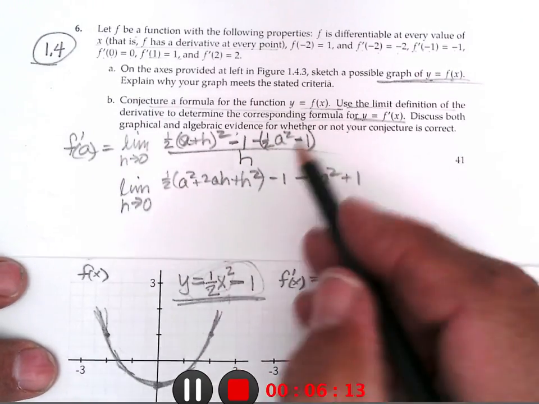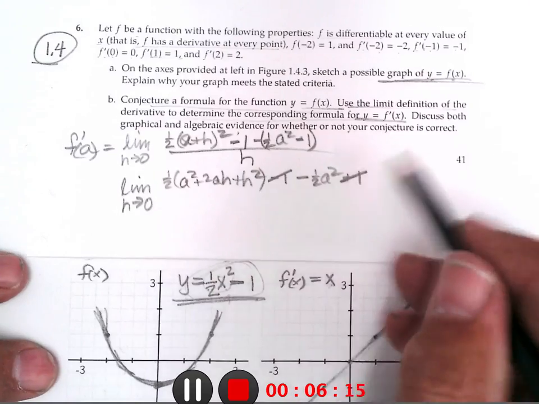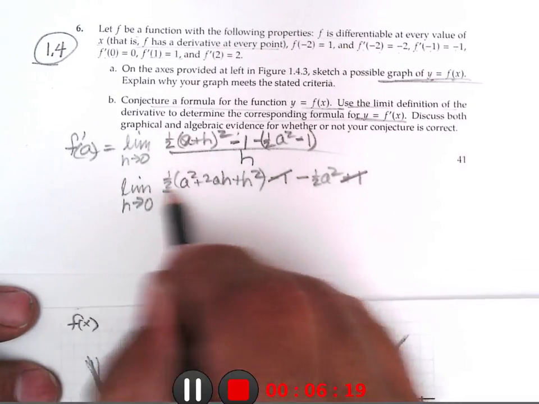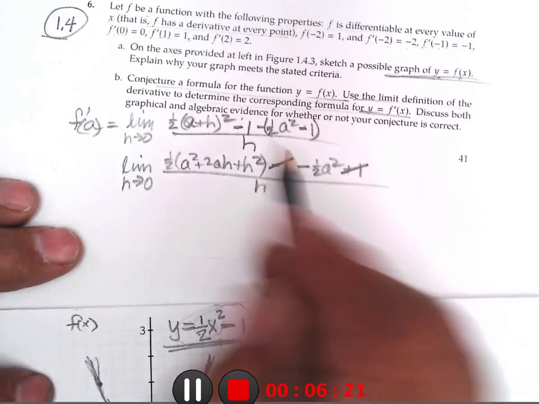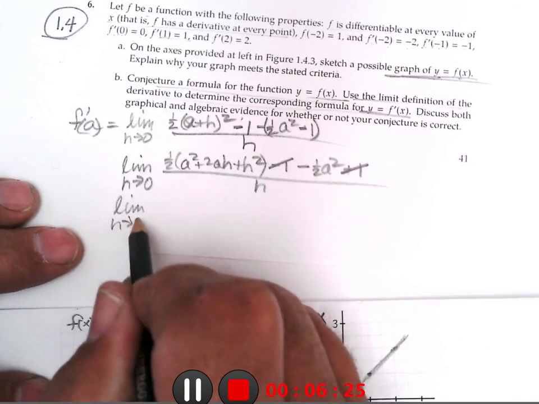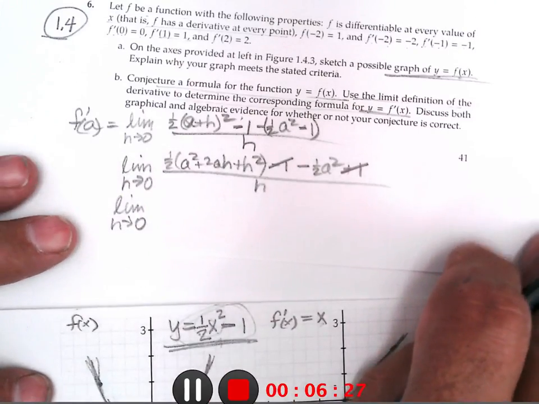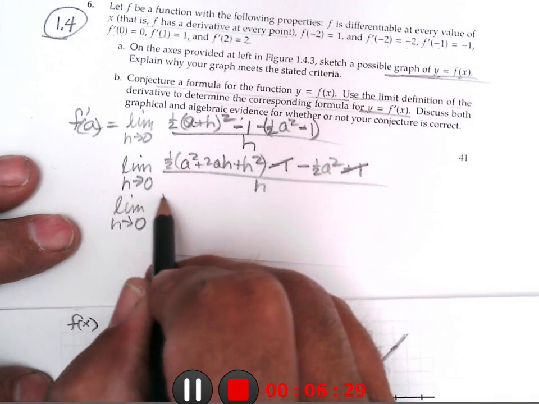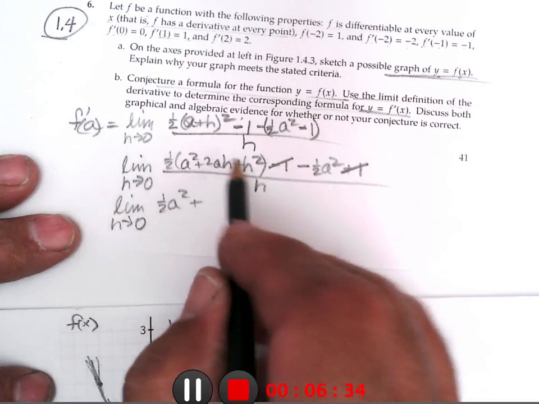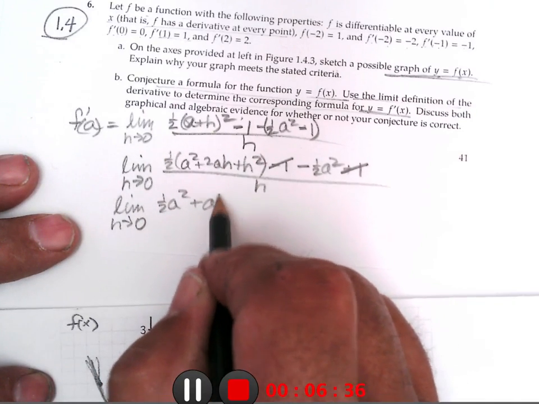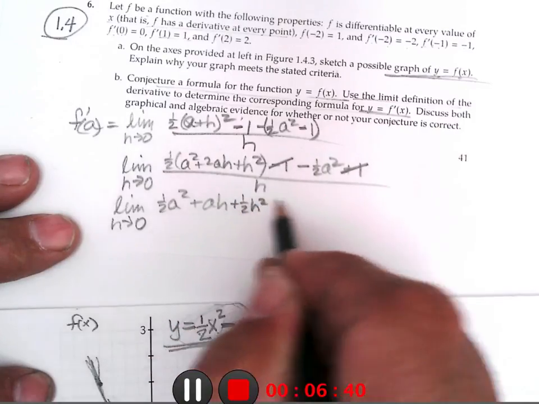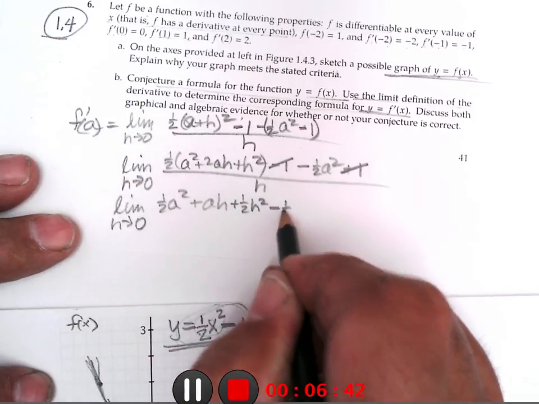Those cancel. And some more is going to cancel here. That's all over h. So I get the limit as h approaches 0 of 1/2 a squared plus half of 2ah's is 1ah plus 1/2 h squared minus 1/2 a squared.